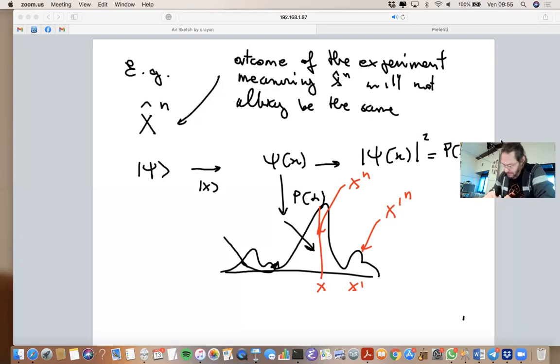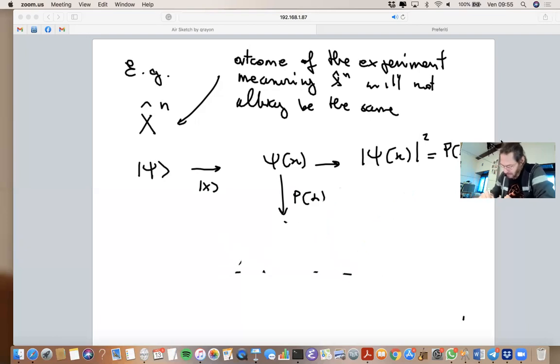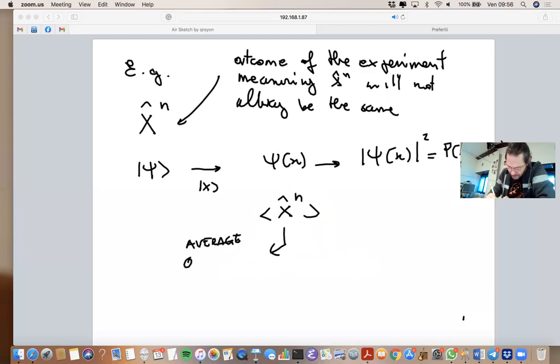Okay, so all I can say is, for instance, I'm interested in the average value of these measurements. The average outcome of the measurement of x to the n.